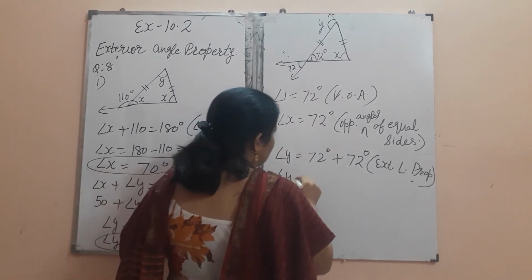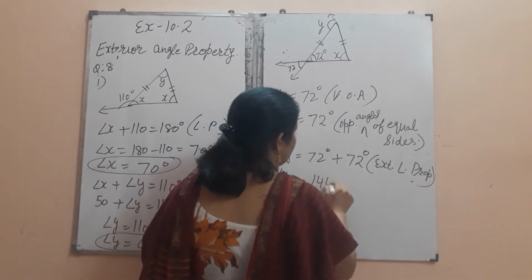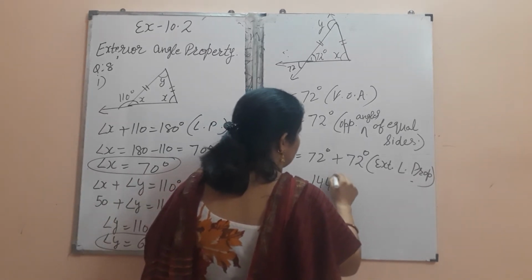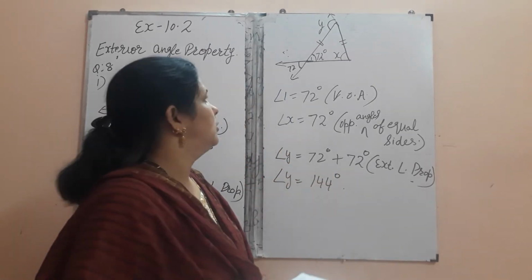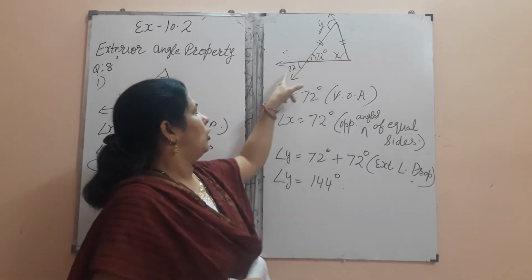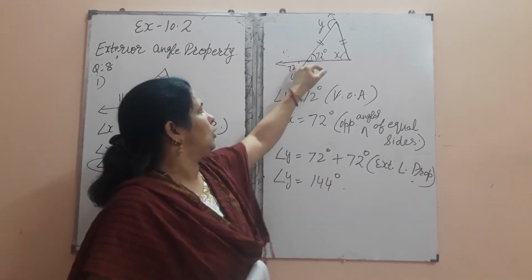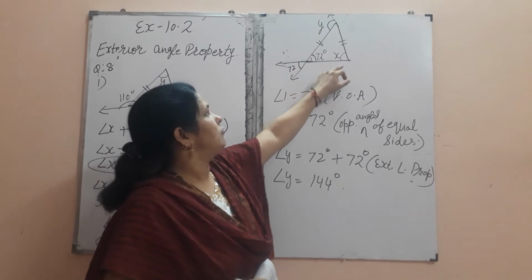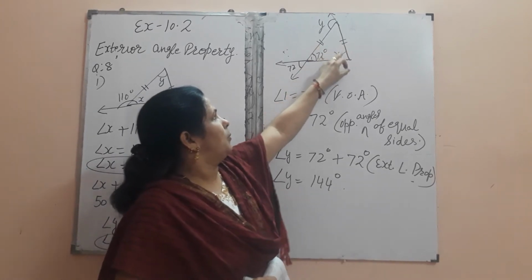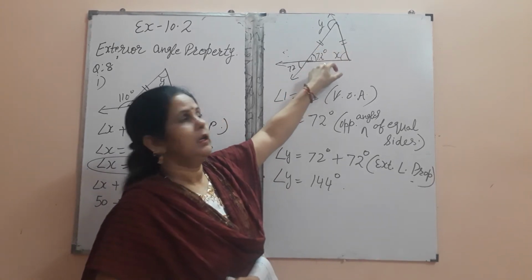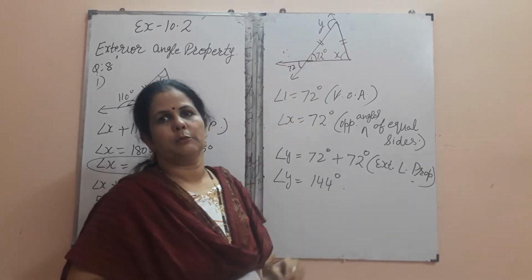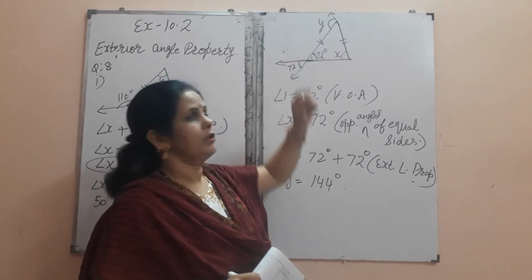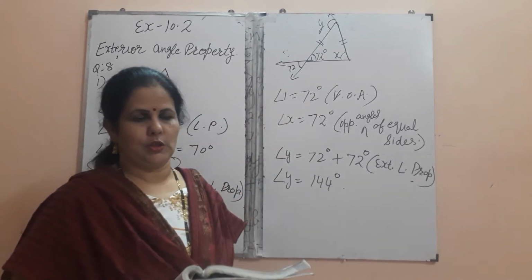So angle y equals 144. Understood? First we used the vertically opposite angle property. Then we used the opposite angles of equal sides property. Then we used the exterior angle property. So three concepts we have used in this one question.